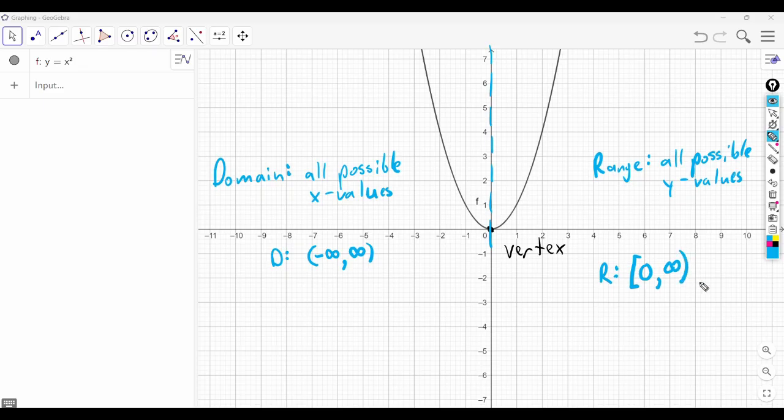Always round brackets with infinity or minus infinity. Nothing can equal infinity. It's something you'll learn about limits eventually, and that's when you can treat infinity a little bit more properly. Okay, so that's domain and range. Maybe I'll erase my screen for now.